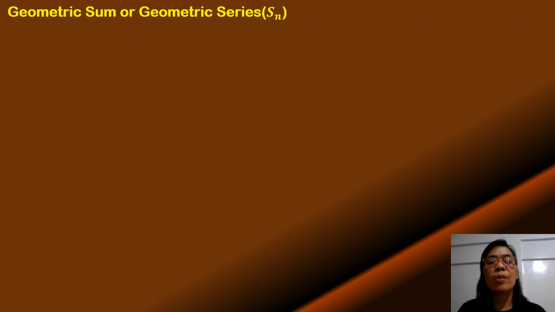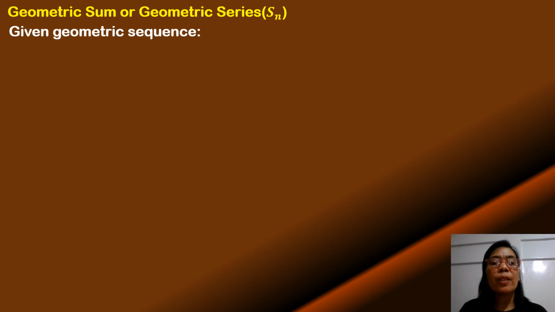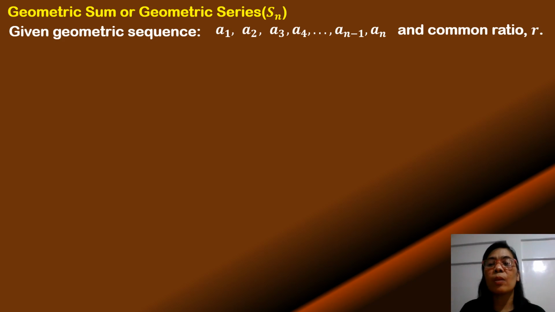Let us now derive a formula in finding the sum of the terms in a geometric sequence. The sum is called the geometric sum or geometric series, denoted by the symbol S sub n. Let us say we're given a geometric sequence a sub 1, a sub 2, a sub 3, and so on up to a sub n, and the common ratio is equal to r.